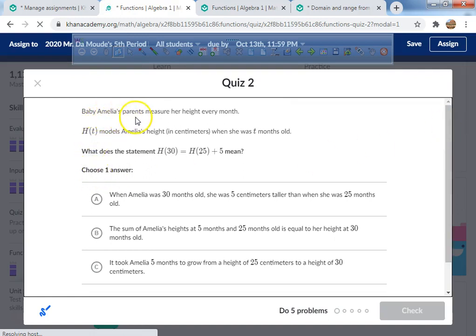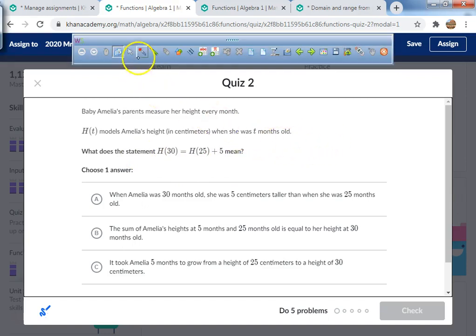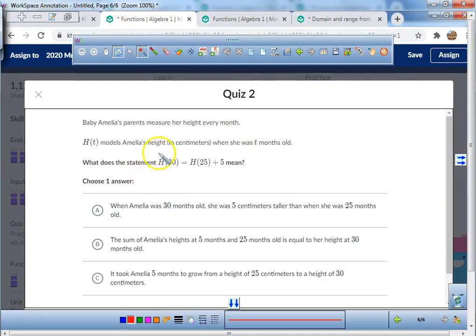Baby Amelia's parents measure her height every month. H of T models Amelia's height in centimeters when she was T months old. Okay, all right. So all we're going to do is write some inputs and outputs. So we have h of t models the height in centimeters.